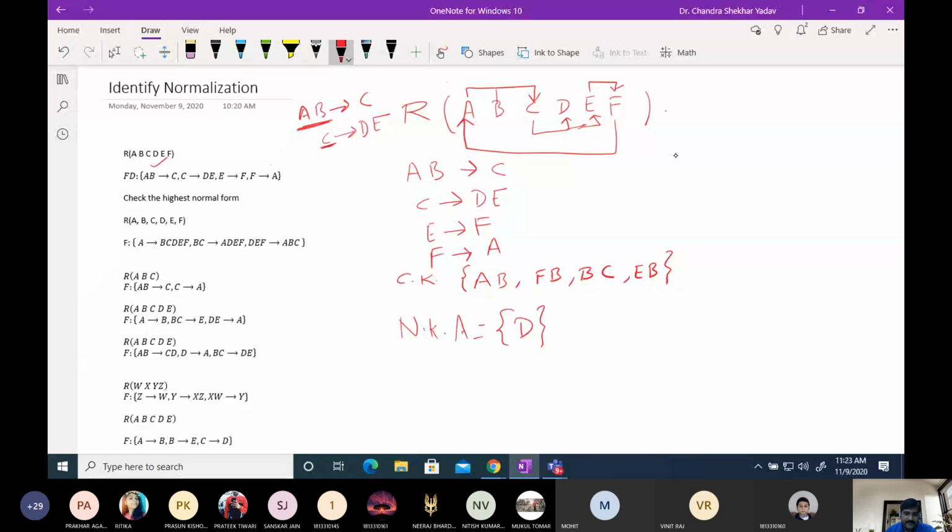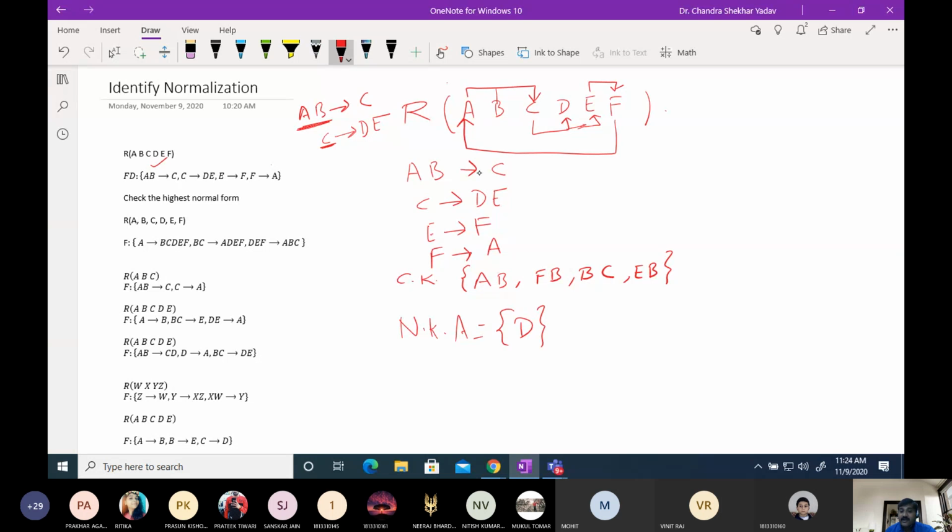Please let me know whether partial dependencies or transitive dependency exist in this relation or not. Non-key attributes determine non-key attributes. So here the non-key attribute is D and D doesn't determine any non-key attribute.